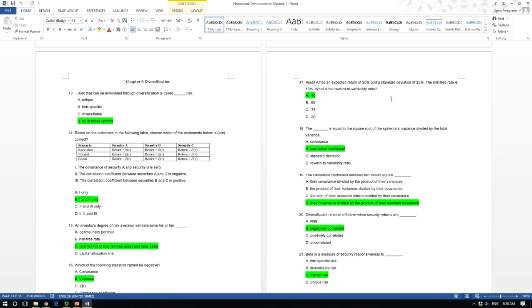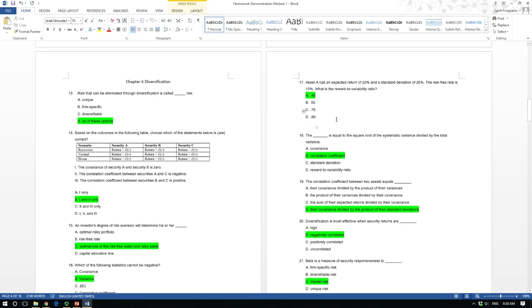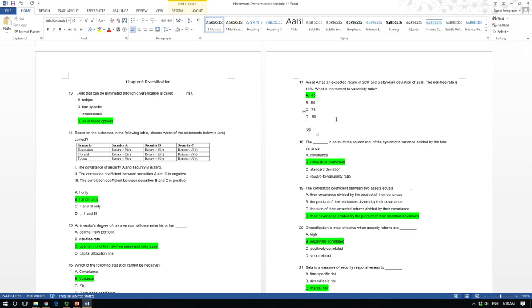Well, we take the ratio of excess return, which is expected rate of return minus risk-free rate, 20% minus 10%, that's 10%, divided by the standard deviation of 25%. That gives you 0.4. So A is the best answer.